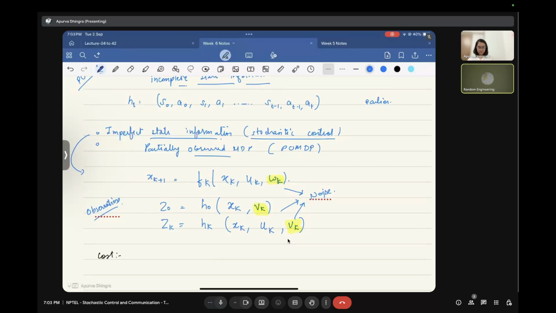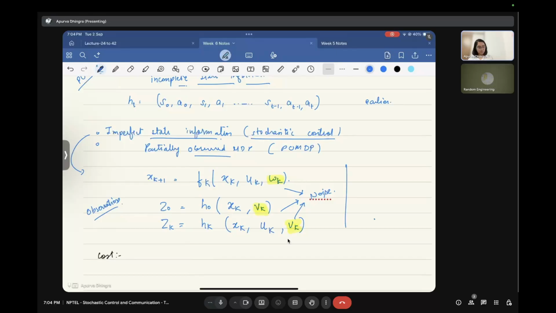Correct. But I thought VK is not required, like H of XK could also be a model, an observation of XK. It can be. Then why is VK necessary? Because we're talking about a general setting. So an explicit noise helps us. It could be something like this also.